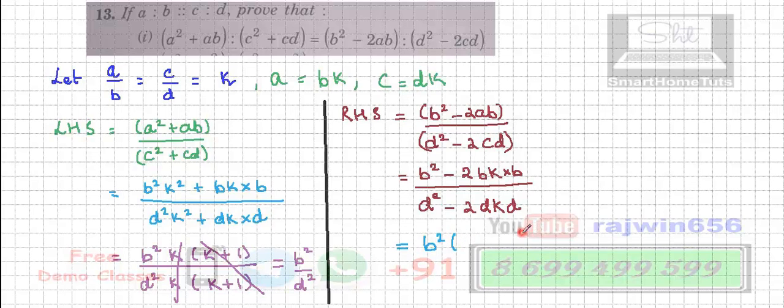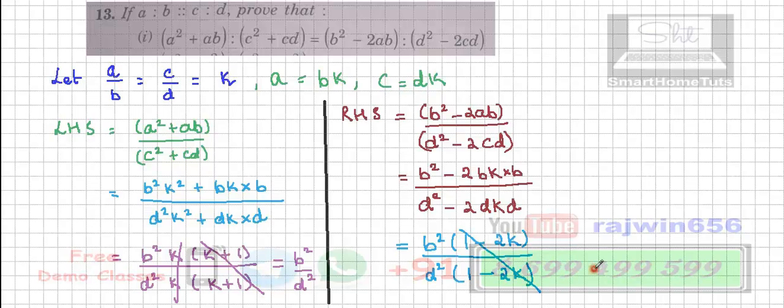What comes inside the bracket? 1 minus 2K, since B square is gone, this B and this B. Divided by D square, here also D and D, so D square is common. Taking D square common, 1 is remaining, minus 2K is remaining.